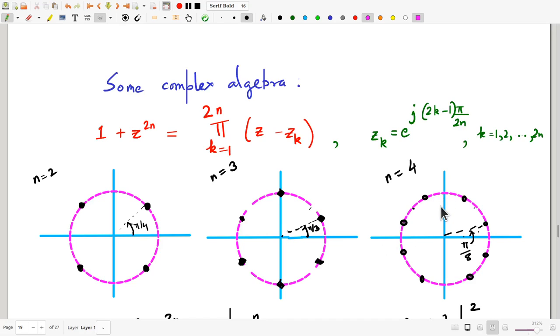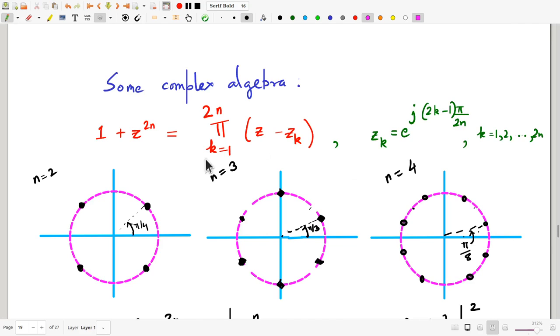N equals 4, you'll get 8 roots of minus 1, again equally spaced like this. And from this, it's rather easy to see that you have as many roots above the real axis as below, and these roots of course appear in complex conjugate pairs. So for each root above the real axis, there's another root at equal distance below the real axis, which of course is its complex conjugate.